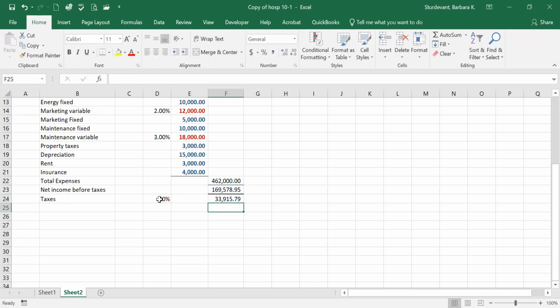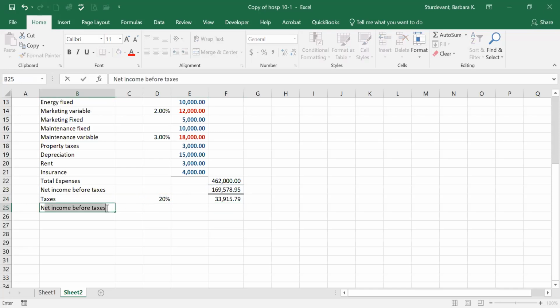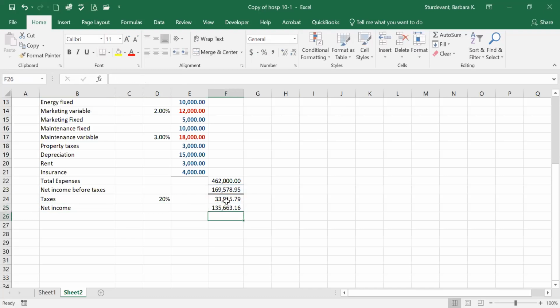So that would be your income tax, and then your net income would just simply be the 169 minus what you just found.